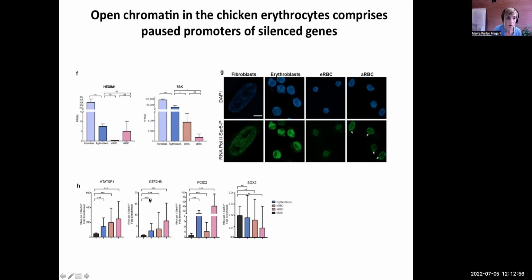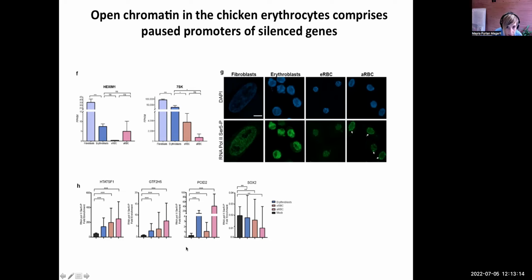We then went to confirm if some of these peaks that we could see at promoters of the different genes are indeed occupied by Pol II serine 5, as suggested by this immunostaining.